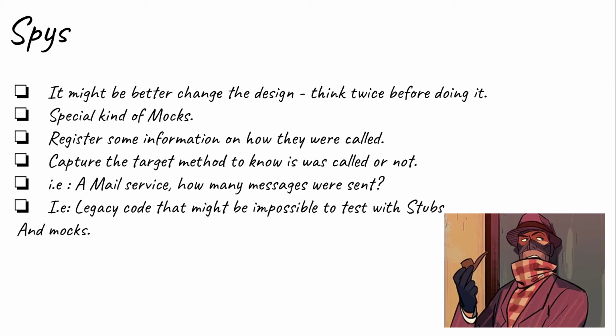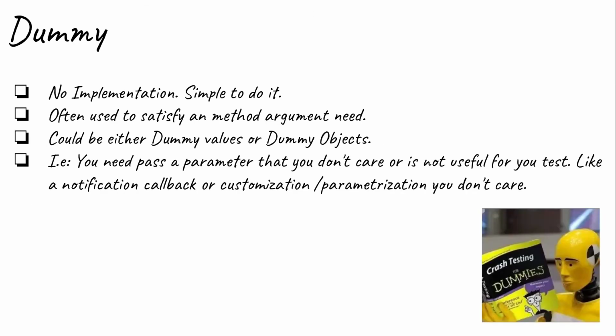So in my previous incomplete example with mocks for the email service, we could know if that email method was called and how many times it was called. Let's say we're expecting it to be called 5 times. We don't care exactly what happens on the method. We just care that it was called 5 times, for instance. So we can do some sort of verification like that with spies.